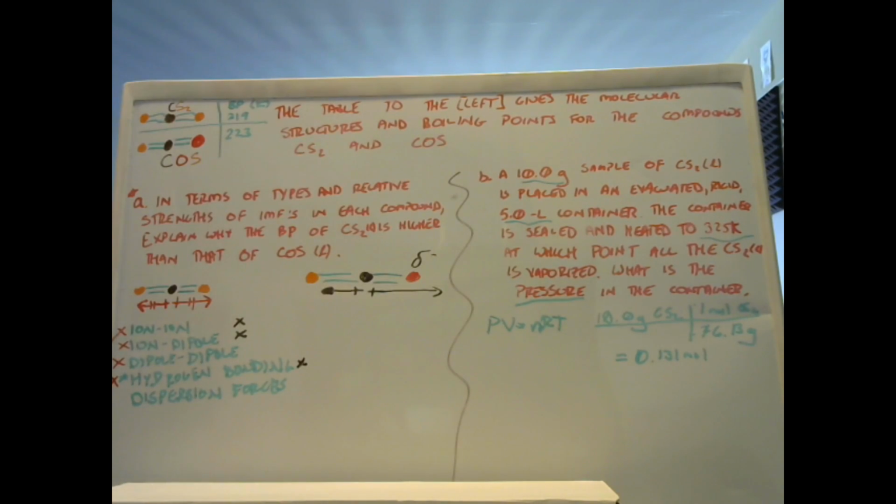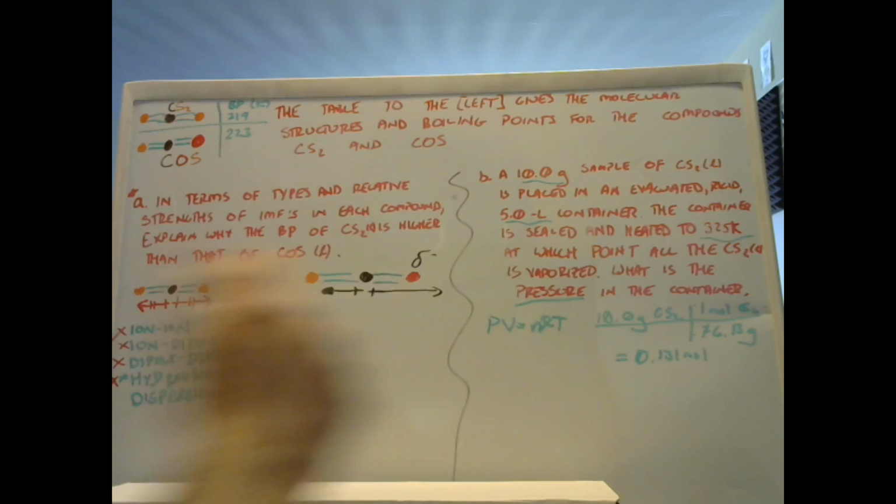Now I have moles, I have volume, I have temperature, I can find pressure. You can use any version of R. They didn't ask for a specific value for the pressure, but whatever one you pick, you have to carry your units all the way through. So I'm going to rearrange this.